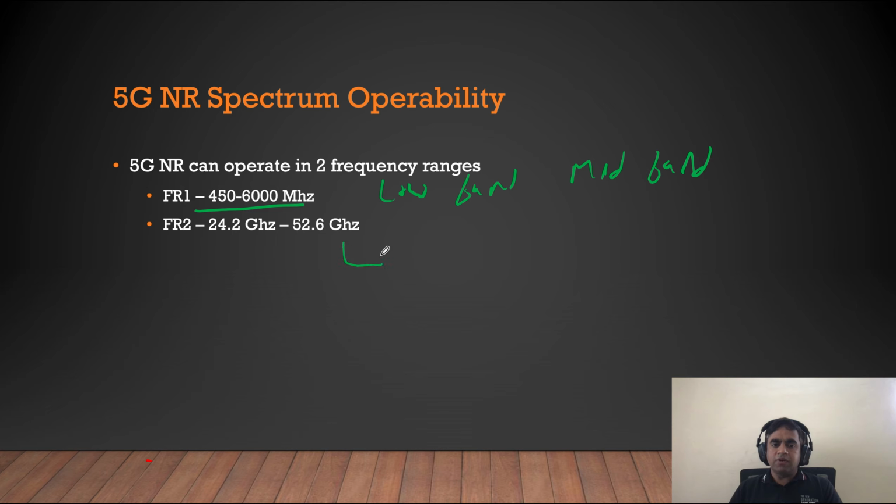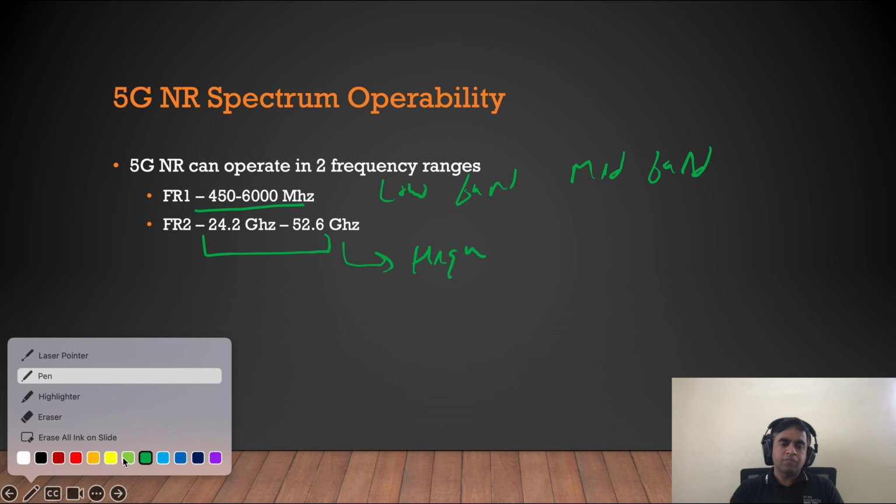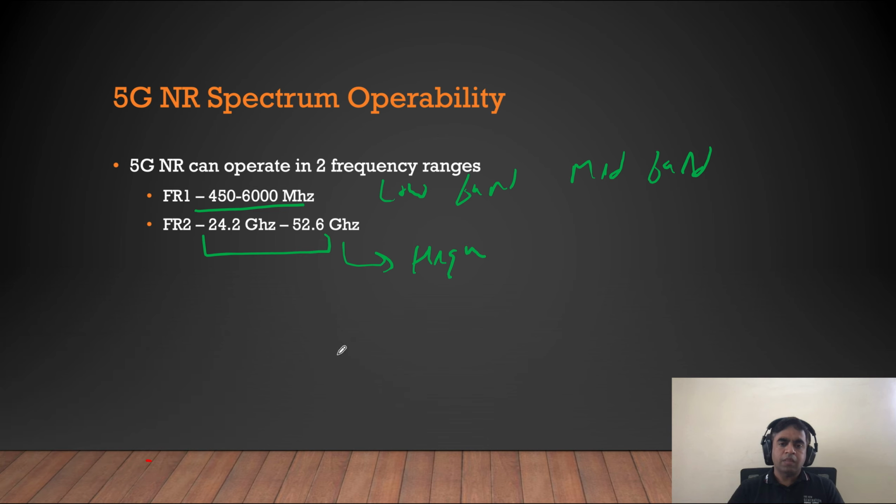And then FR2 is your high band or mmWave. So mmWave is from 24.2 to 52.6 gigahertz, the range. Okay, so this is the operable frequency range for 5G.